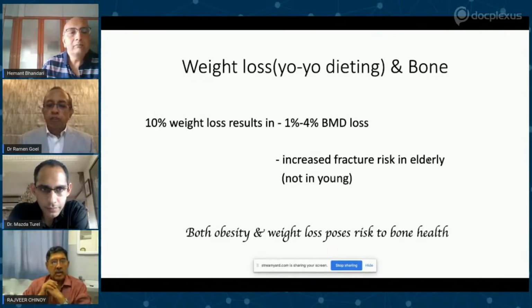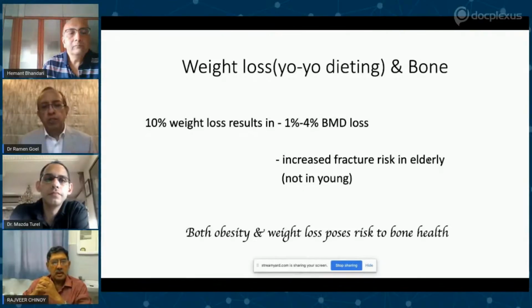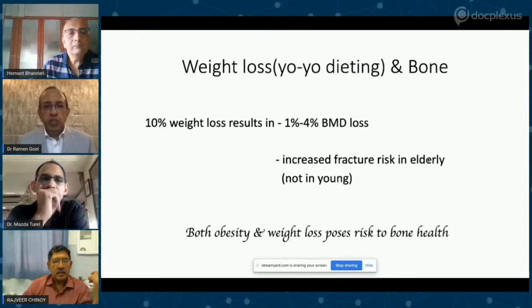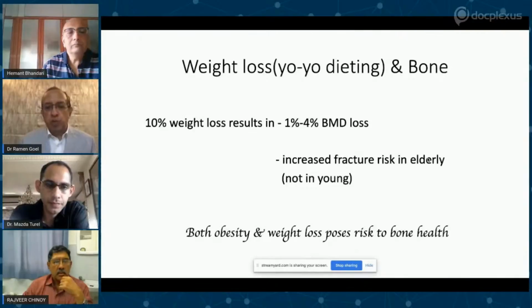Great. So we will talk about this issue at the end of the program today, about how we can avoid bone loss when you are in a weight loss phase. A lot of people, even in society, are trying to lose weight, and how they can lose it in a healthy way, by adequate nutrition, so that their bones don't become weak.